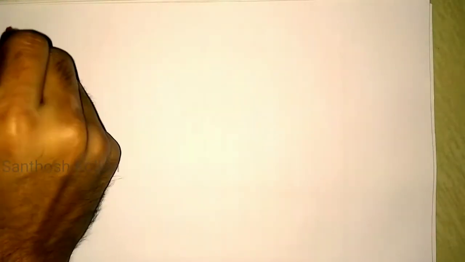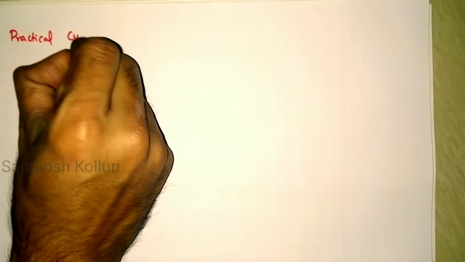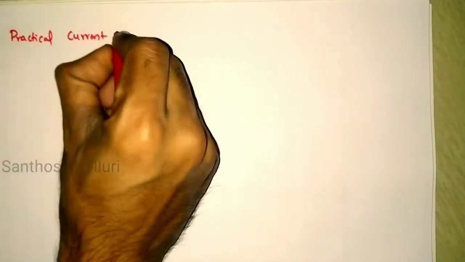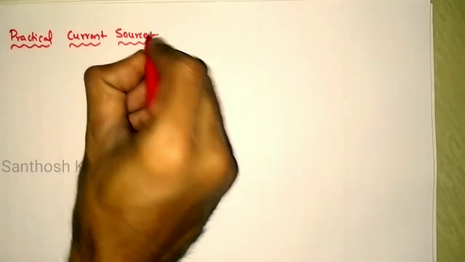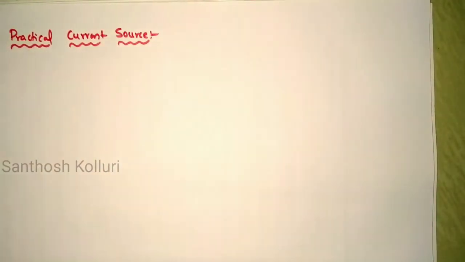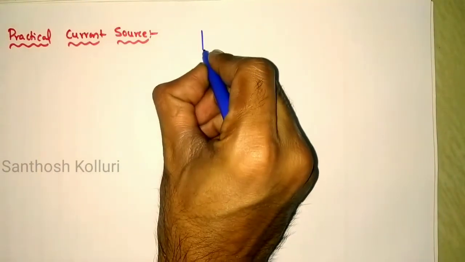So next one is the practical current source. As in the case of the practical voltage source, here also we have a practical current source. The circuit diagram will be like this.